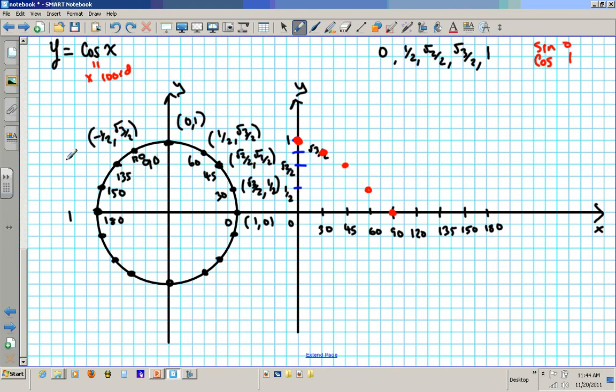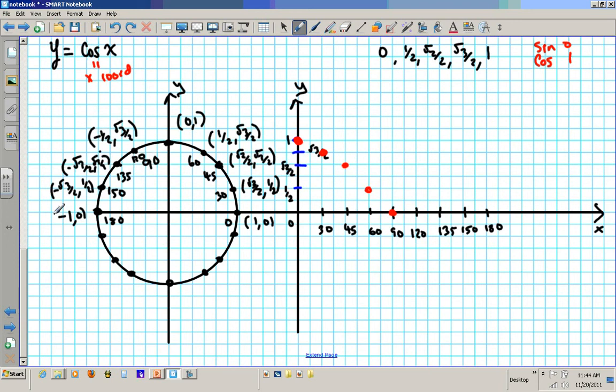And this is going to be negative root 2 over 2, and root 2 over 2. Sorry about this poor writing. And then the last one is negative root 3 over 2 and 1/2. And then this is going to be negative 1, comma 0.